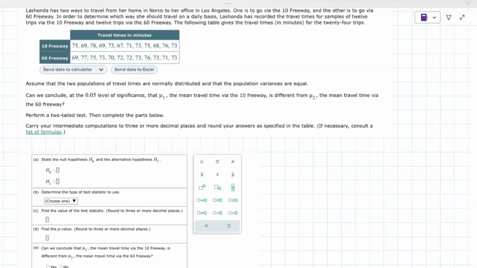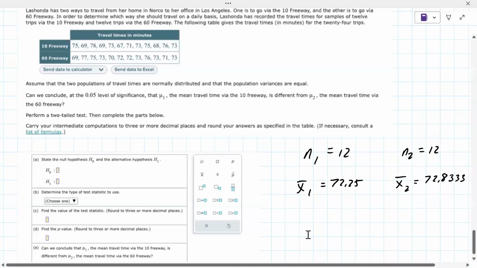So equals the average. We'll do that for data set one, data set two. N1 is 12, N2 is 12. X bar 1 is 72.25. X bar 2 is 72.8, and then 3 repeating, so I'm going to go out a little bit further on that.